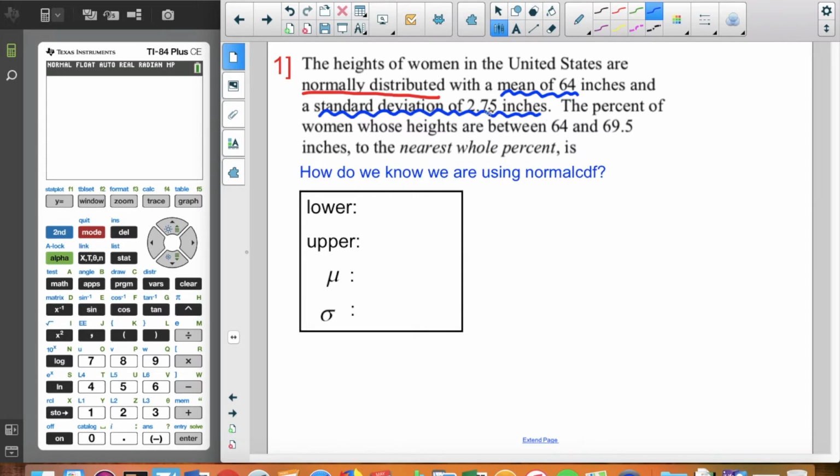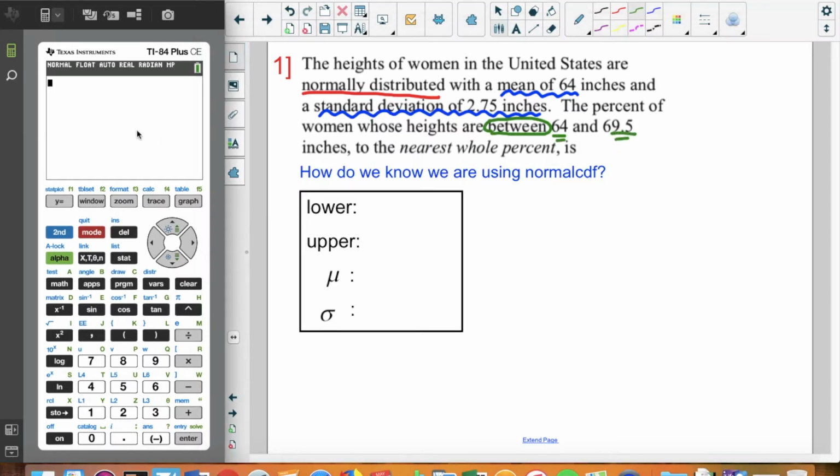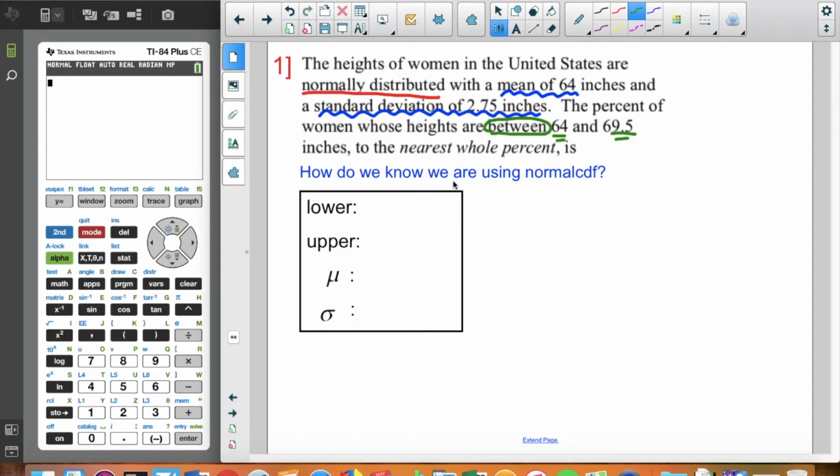The percent of women whose heights are between, so this is where our interval is, 64 and 69.5 is. So we use our calculator for this because it's giving us an interval. So how do we know we are using normal CDF? Because it is normally distributed. That's very important.